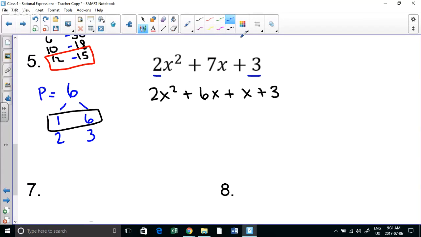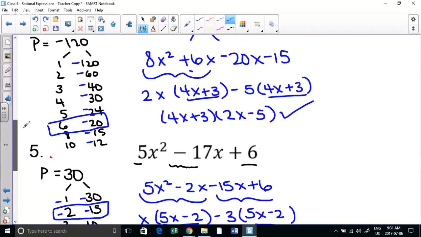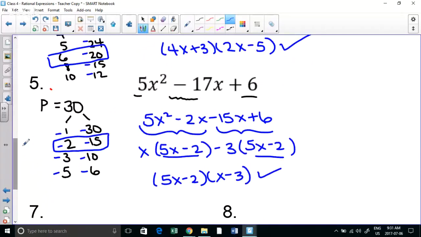Couldn't you just make the x negative and the 3 positive? Hold on, I think I have a question about the last. Which question are you referring to when you ask, couldn't you just make the x negative and the 3 positive?